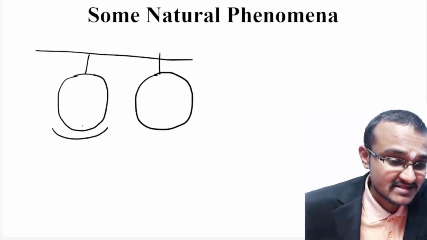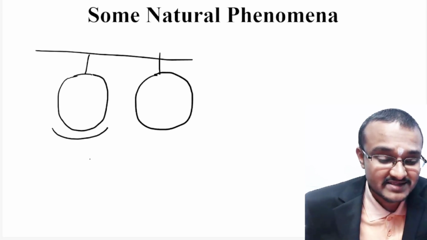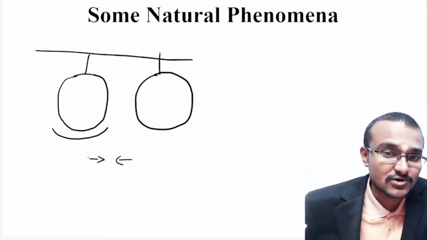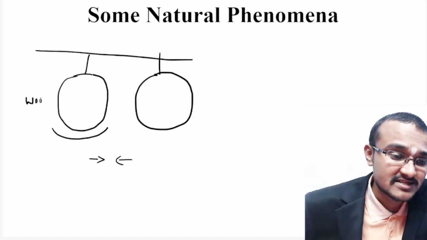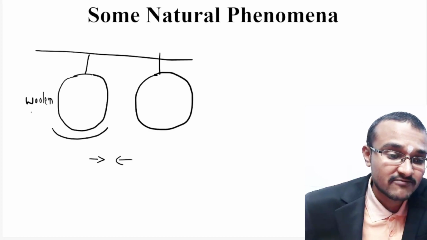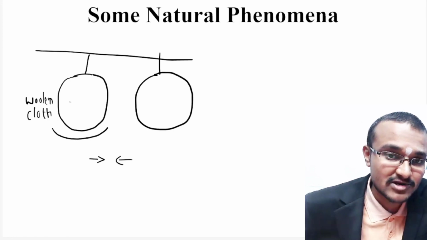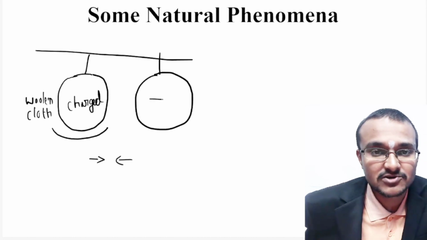After rubbing, you can observe that both balloons get attracted to each other. That is because when you rub this balloon with a woolen cloth, it gets some amount of charge on it. When this balloon gets charged, it will attract the uncharged balloon.